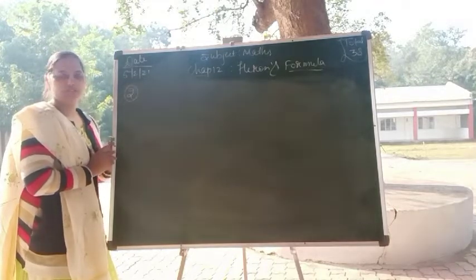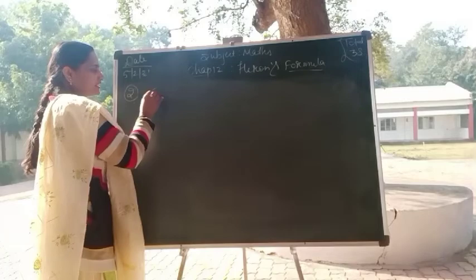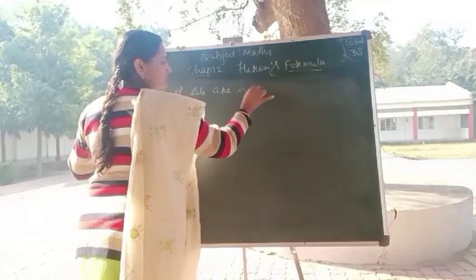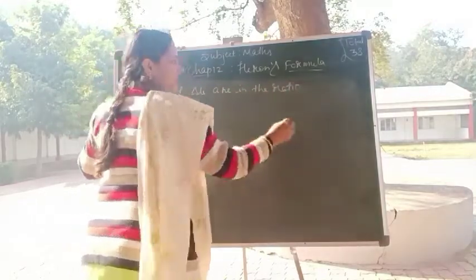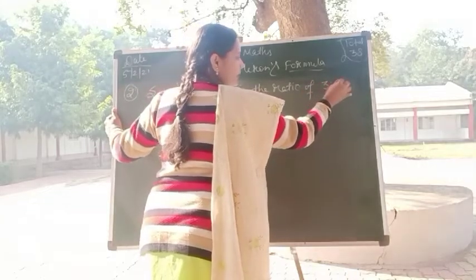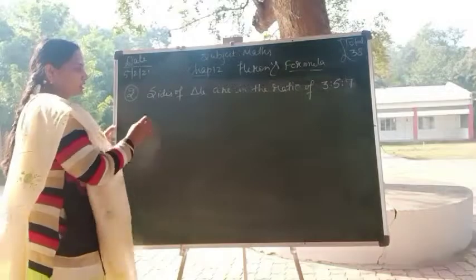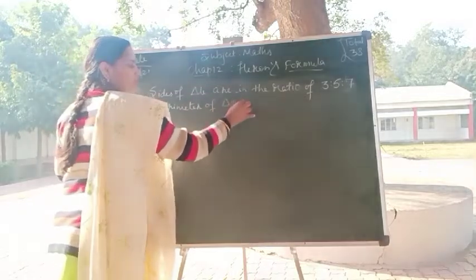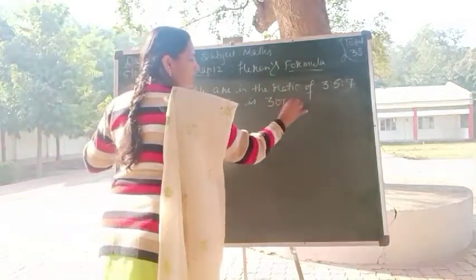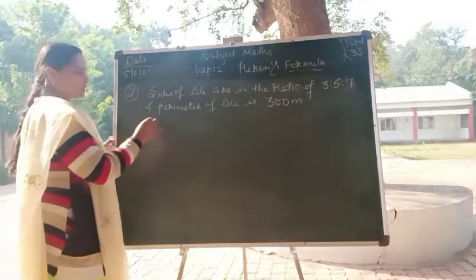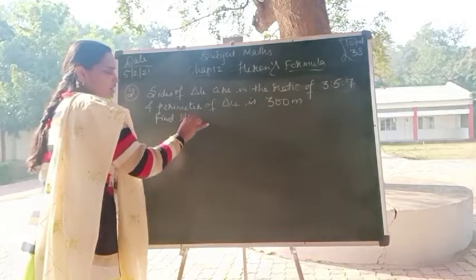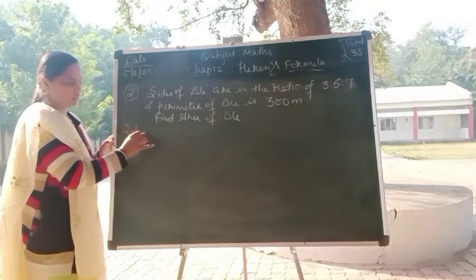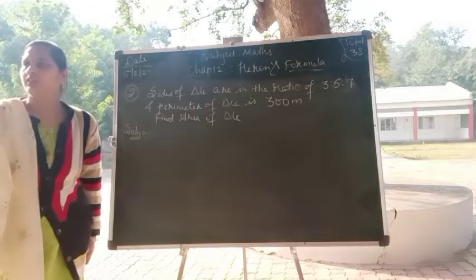The sides of triangle are in the ratio of 3, 5, 7 and perimeter of triangle is 300 meter. Find area of triangle.